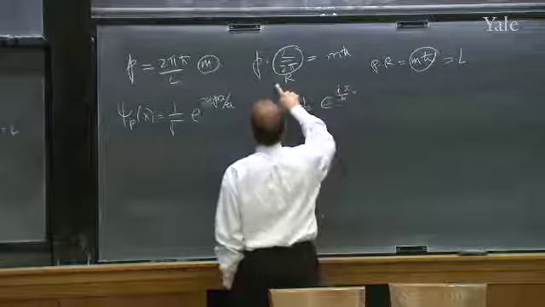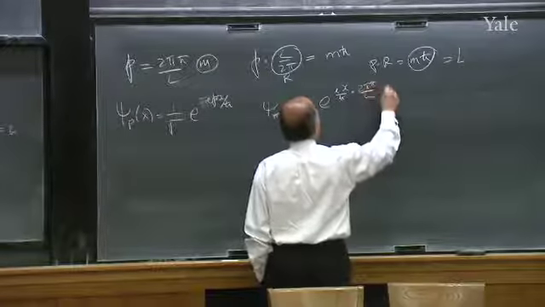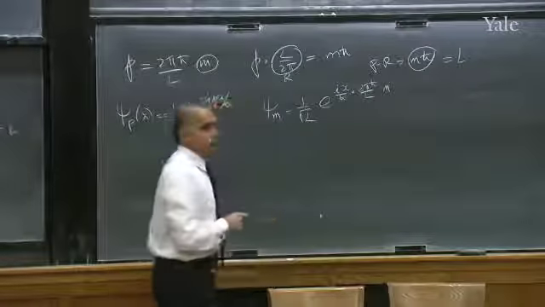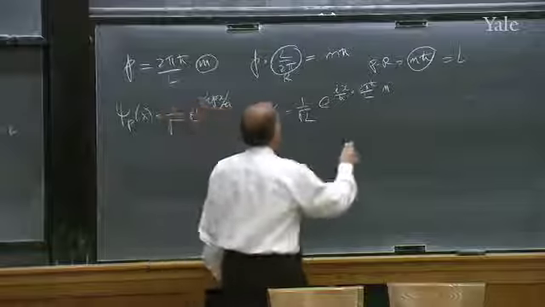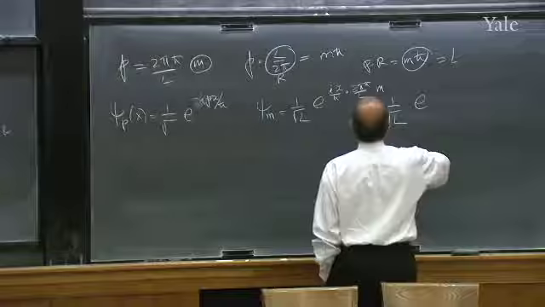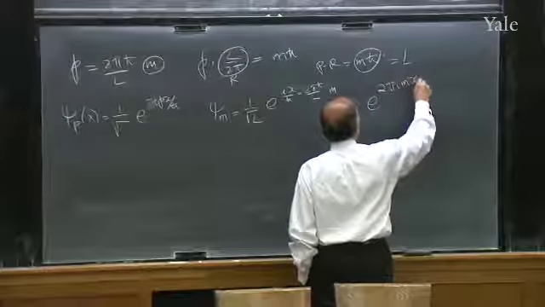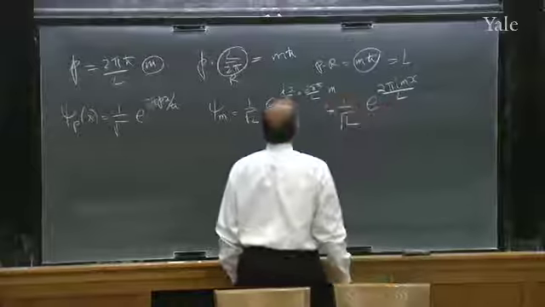But for p, you put the allowed value, which is 2 pi h bar over L times m. And what do you get? You get 1 over square root of L times e to the 2 pi i m x over L.